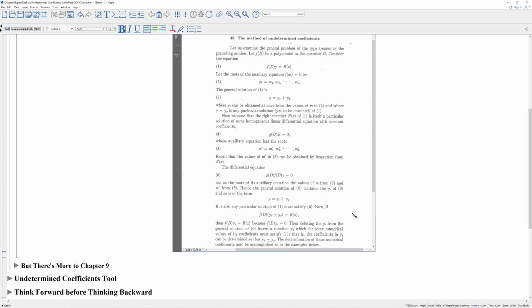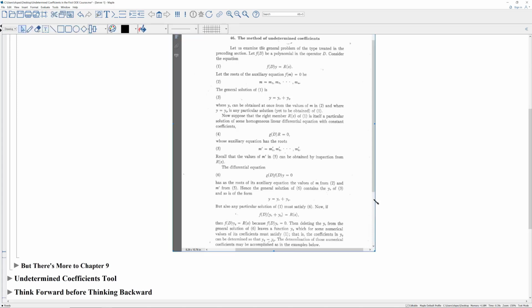So the complete general solution that the right-hand side points to, of which that right-hand side is a fragment, has to be constructed from all these roots, m and m prime.